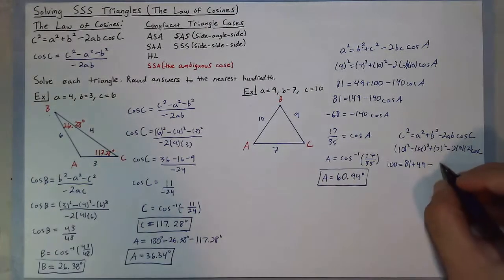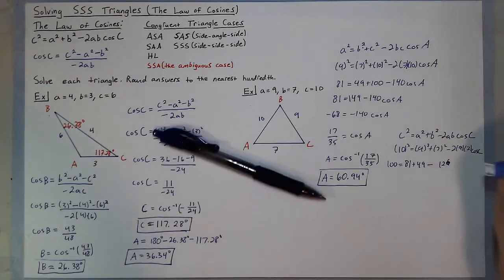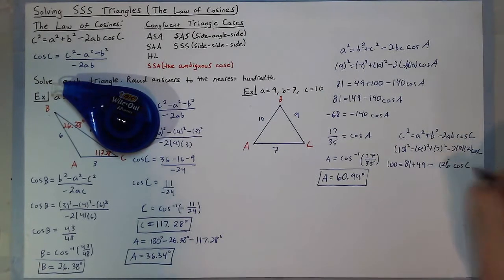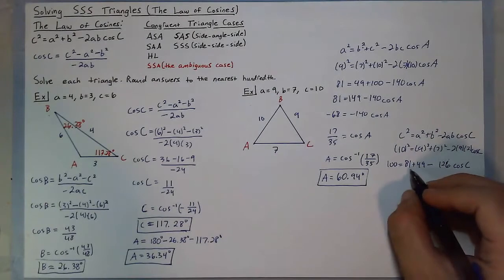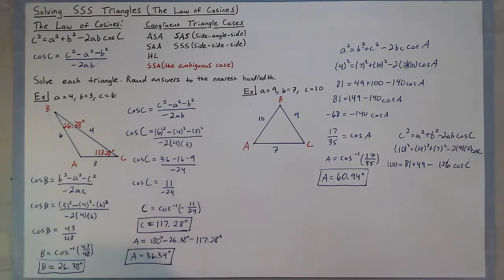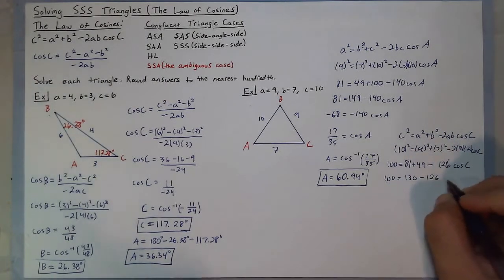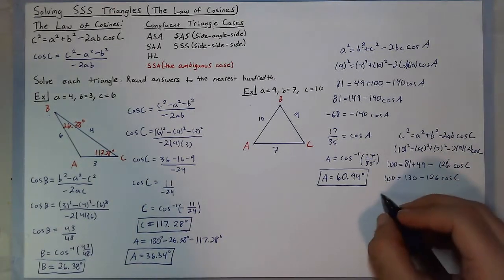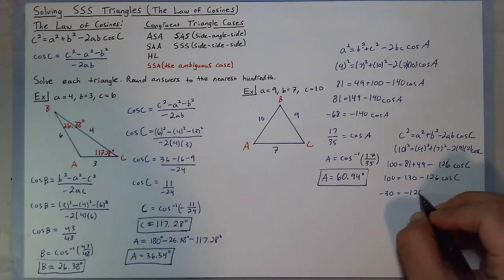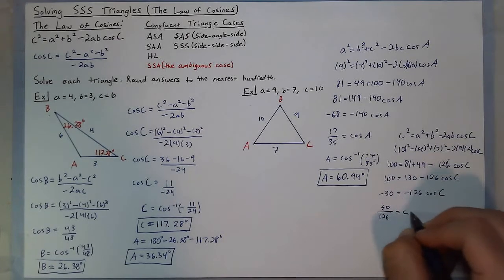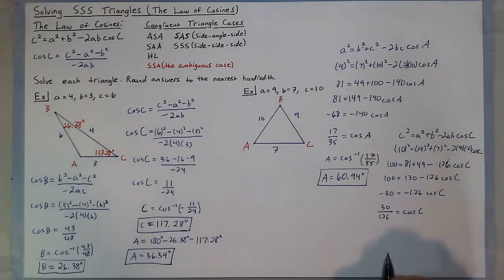126. 126 cosine of C. 81 plus 49 is 130, so I have 100 is equal to 130 minus 126 cosine of C. Subtract 130, I get negative 30 is equal to negative 126 cosine of C. Then you have 30 over 126 is equal to cosine of C, which I can divide the top and the bottom by 2.